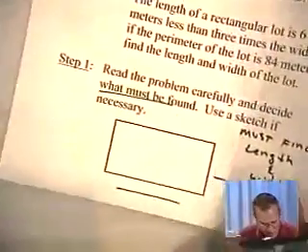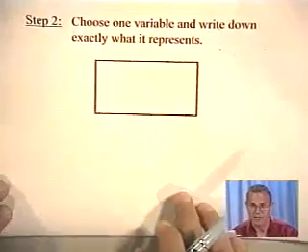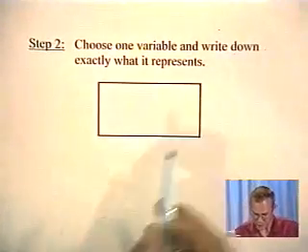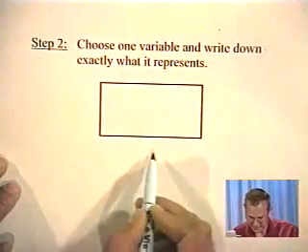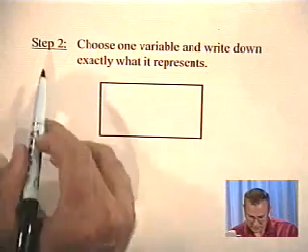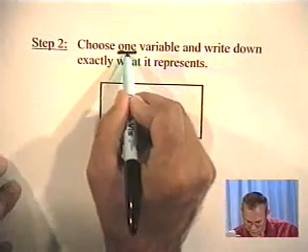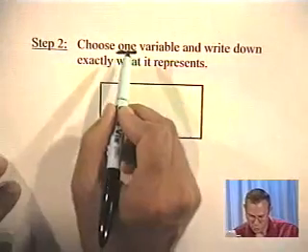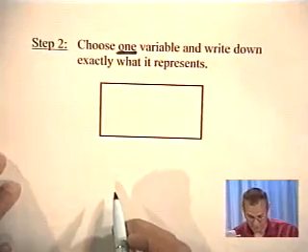Now again, you may want to rewind and go back to those steps, but I will refer to each step as we go along. So here is our rectangle. Here's our sketch. I know that I need to find the length and the width. Step 2 says choose a variable. And this is the important word here. We want to choose one variable that's going to represent each length here.